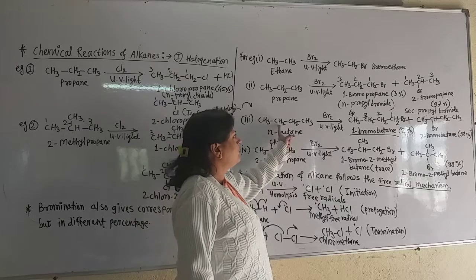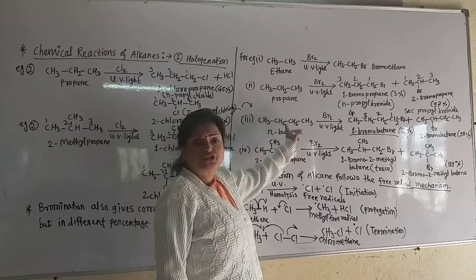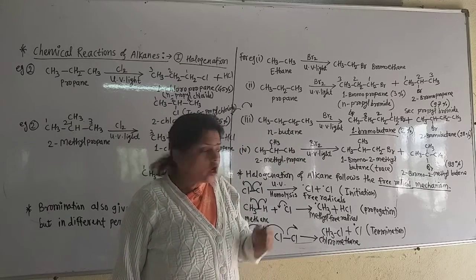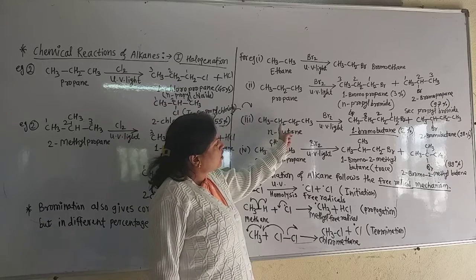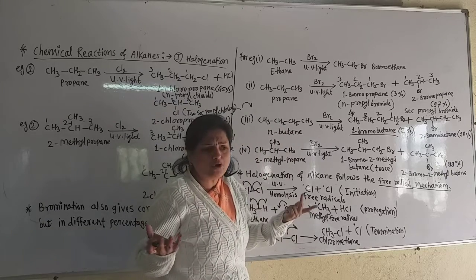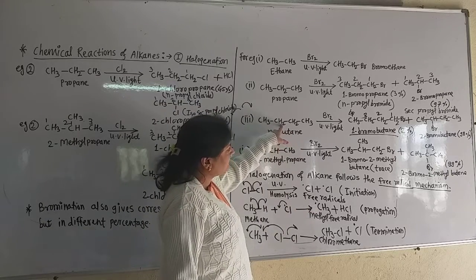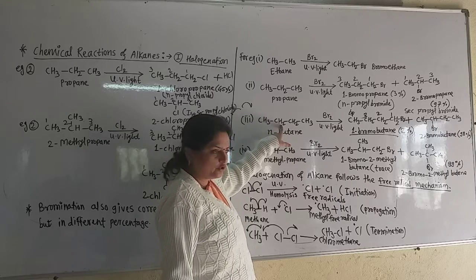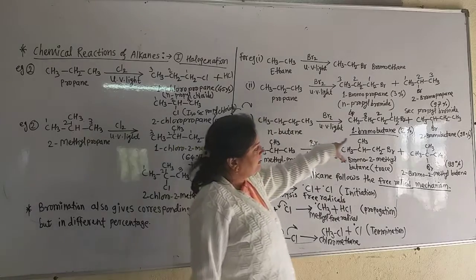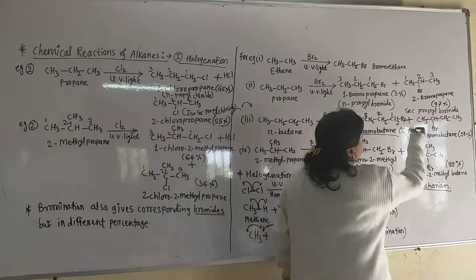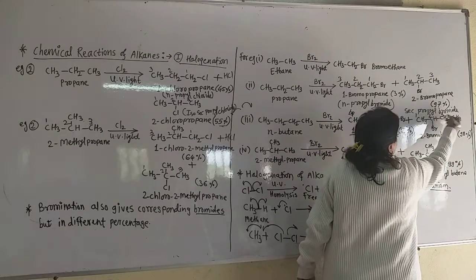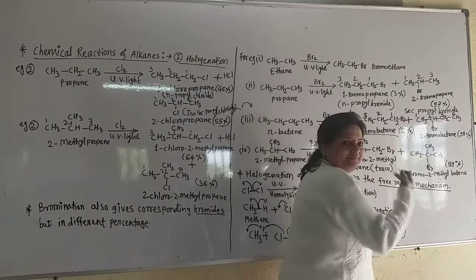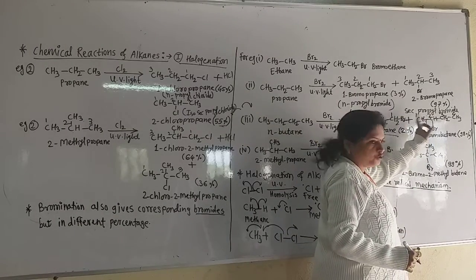Now see, these are both CH2. So if we replace a hydrogen from any CH2, the same compound is obtained. If I replace the second carbon's hydrogen by bromine, then we obtain this. Now number 1, 2, 3, 4. Why do I number from this side? Because bromine is close to this side.